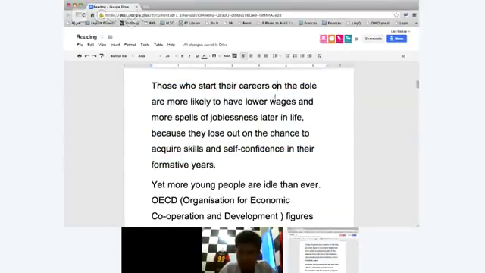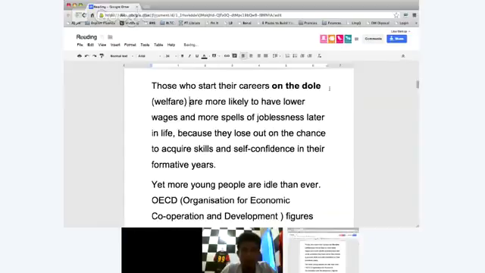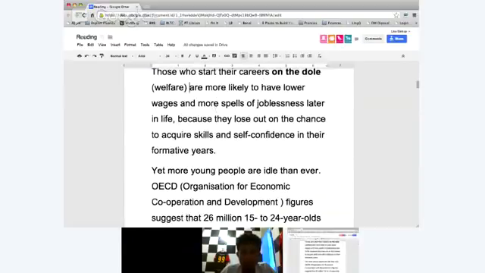So this article is from The Economist, which comes from the United Kingdom, England. And so on the dole, when you're on the dole, that means the government is paying you. In the United States, we call that welfare, but in the United Kingdom, they say on the dole. So if young people start off on welfare or on the dole, then they're saying that later on they're probably going to have lower wages, so make less money, and have spells.